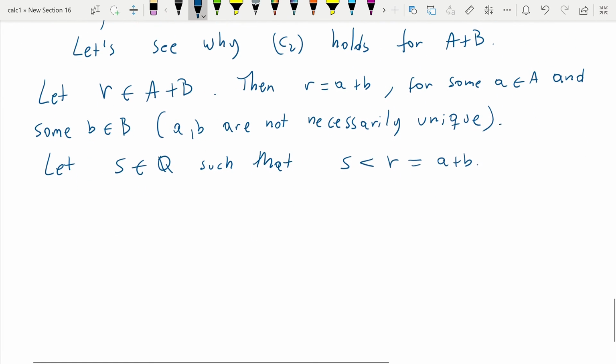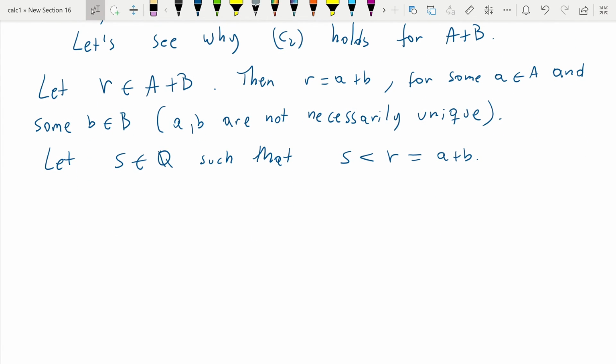By the properties of rational numbers, this implies that s minus b is less than a. We can subtract b on both sides and we get this inequality.